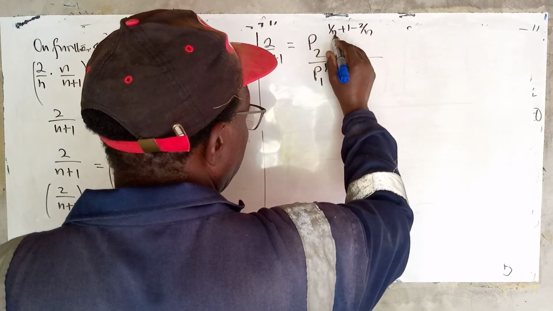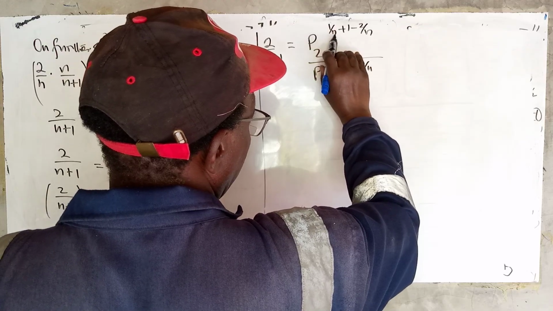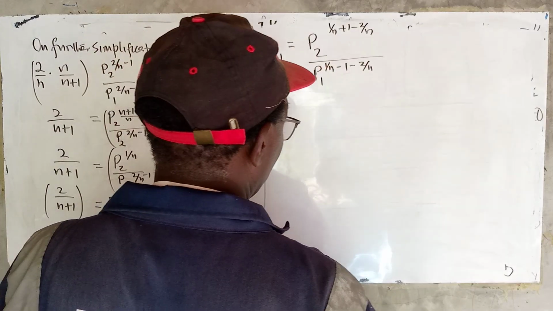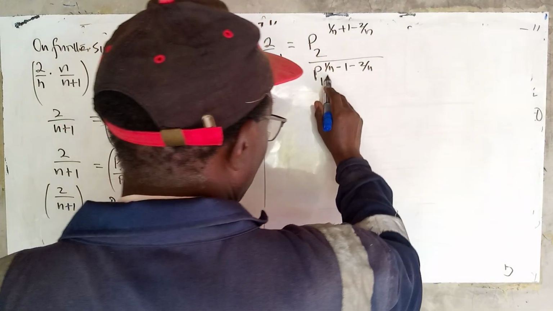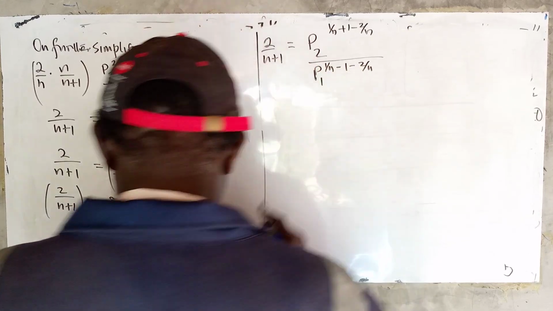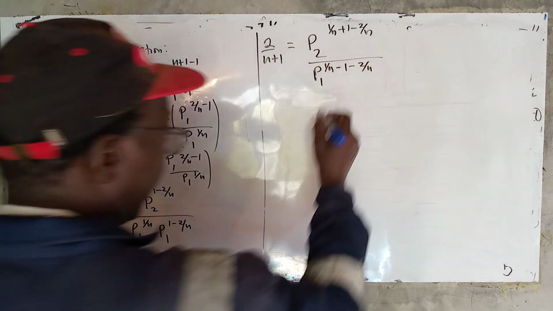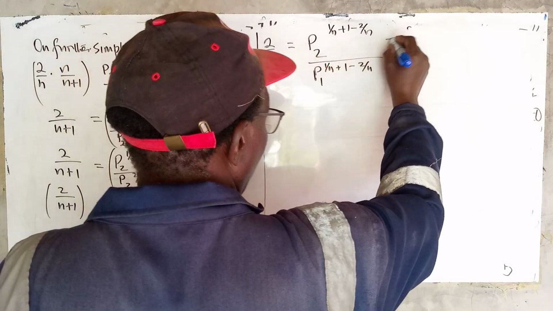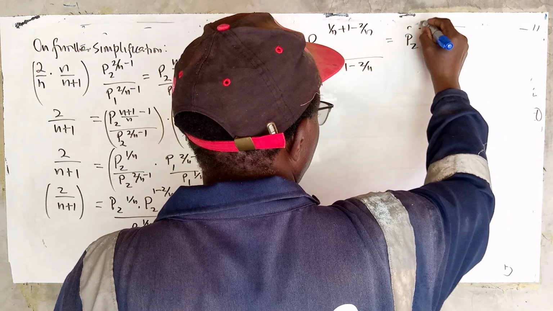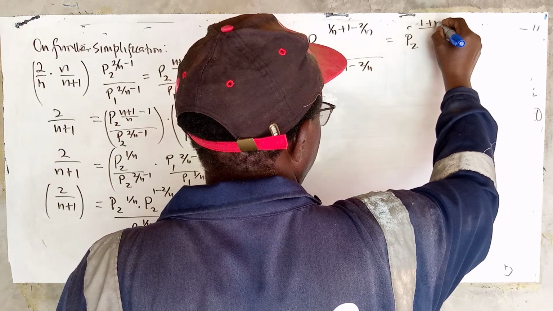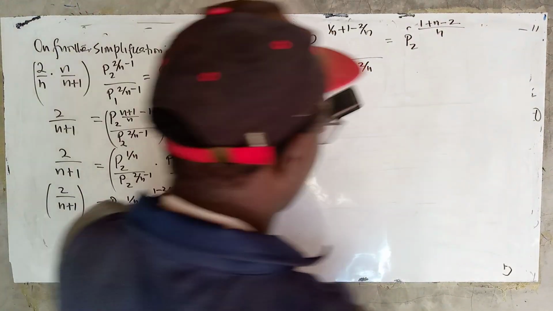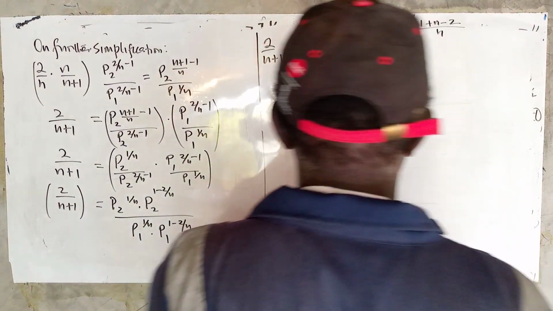When you simplify these quantities, that would be 1 plus 1 minus 2. So we will have P2, n, 1 plus n minus 2 in this particular case.